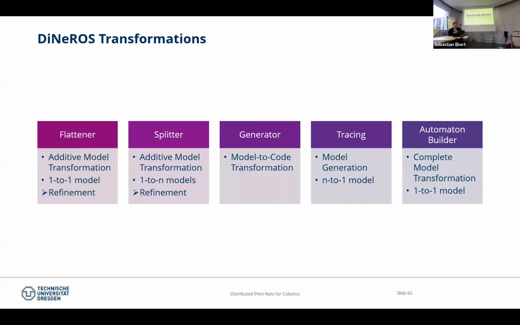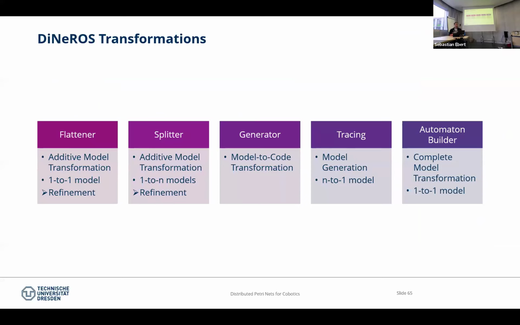Summarizing the transformations that we just saw, we have basically 5 transformations here. The flattener, which is an additive transformation, basically a refinement because we replace channels and signals by pattern elements. The splitter, which is again a refinement, and the additive transformation actually creates multiple models out of one model. We have the generator, which is model to code basically.